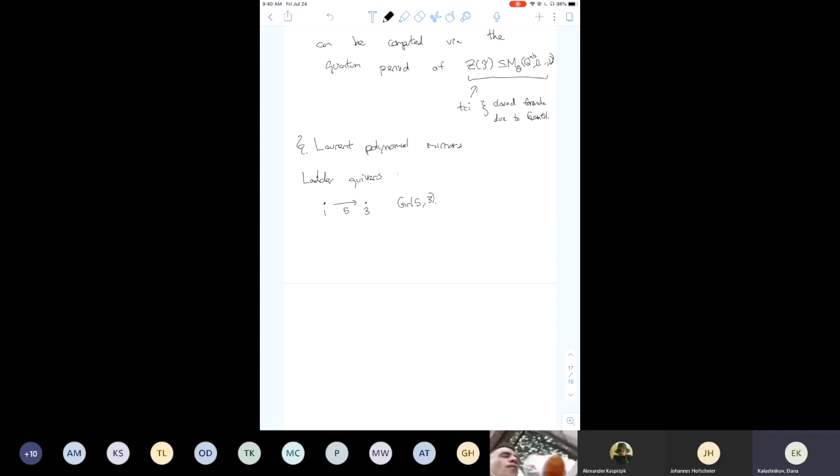And so the ladder diagram associated to the Grassmannian Gr(r, n) looks like r, and this is n minus r, and then you add vertices. So these are internal vertices and external vertices. And then you orient this to make it a quiver by orienting paths like this.